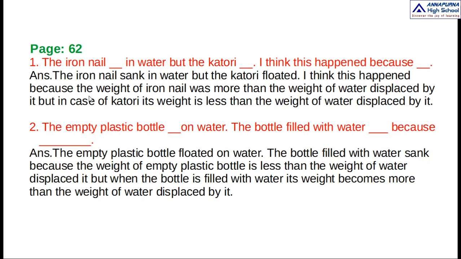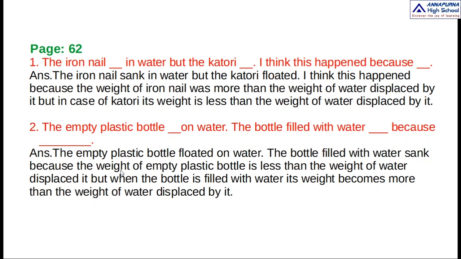Okay, now the second one. The empty plastic bottle floated on water. The bottle filled with water sank because the weight of the empty plastic bottle is less than the weight of water displaced by it. But when the bottle is filled with water, its weight becomes more than the weight of water displaced by it.